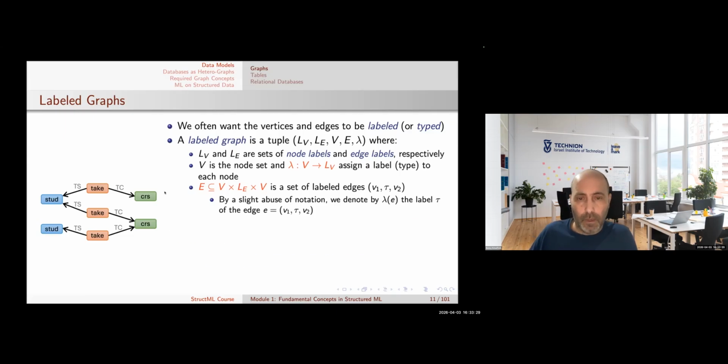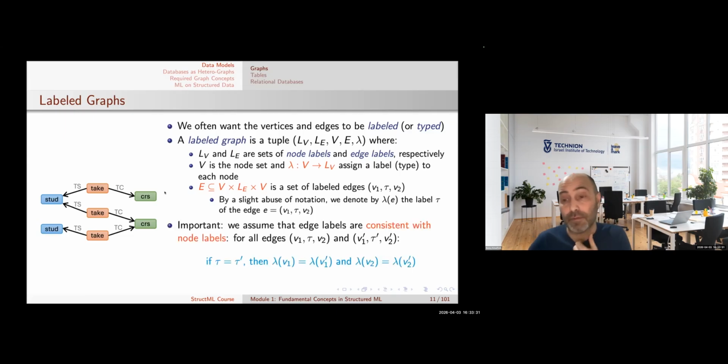Now, an important restriction that we make is that the edge label determines the labels of the source and the target nodes. Here, for example, if I say TC, then I implicitly also imply that the source label is take and the target label is course. TC maps take to course.